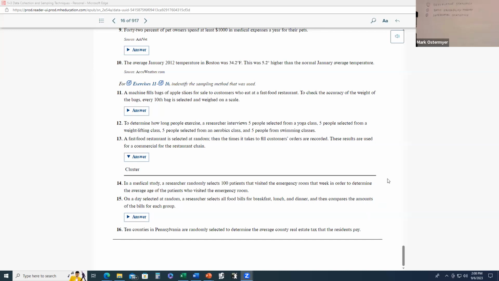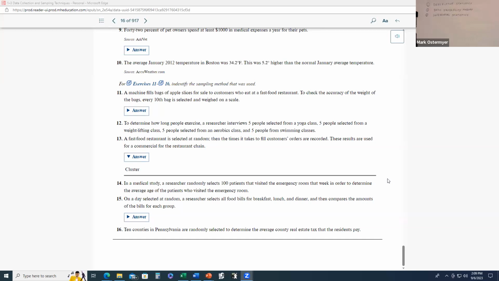Let me ask you this question here. Obviously, Pennsylvania has probably more than 10 counties. And so the whole state has been basically subdivided up into counties, correct? So this really has features which are inherent for stratified sampling and cluster sampling. What's the difference?